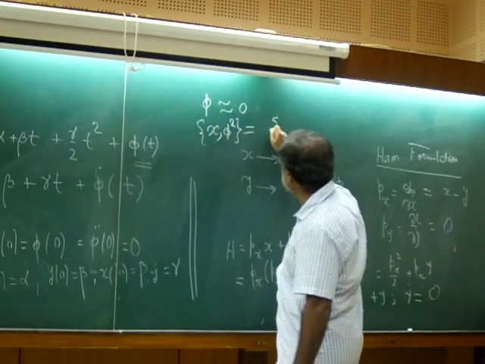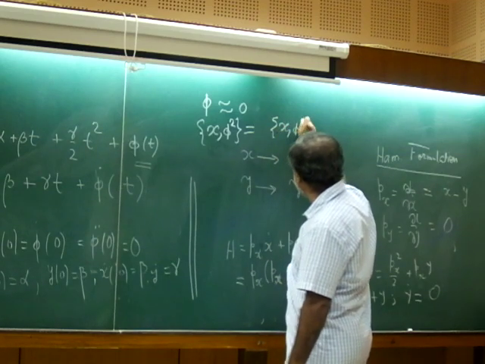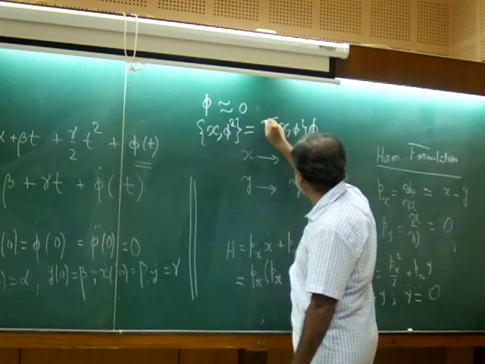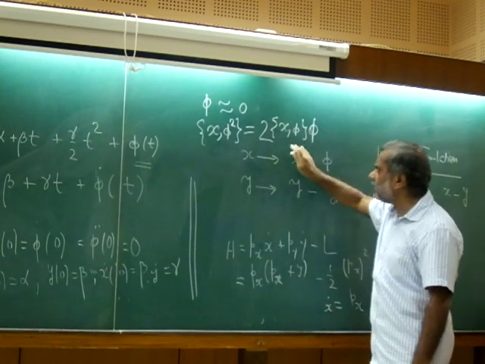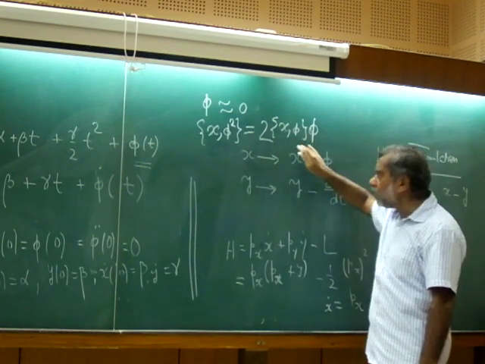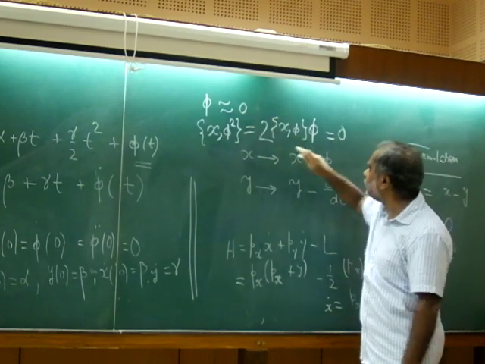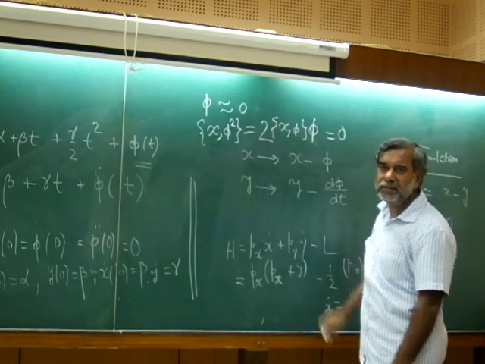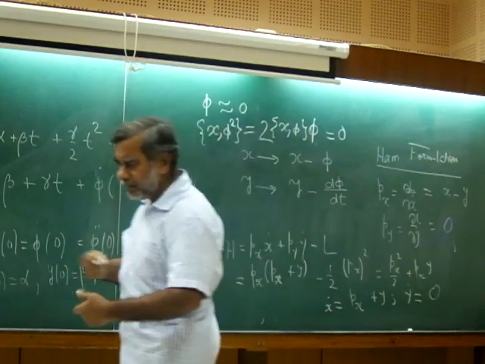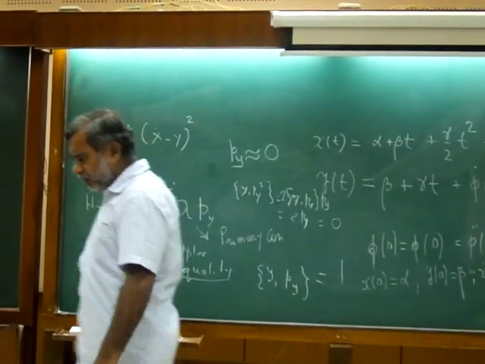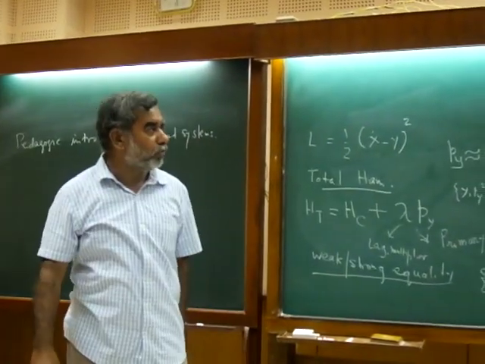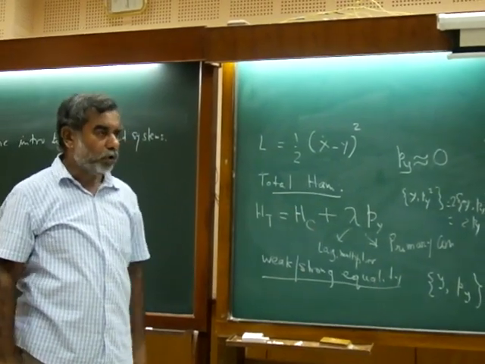There is nothing to prove, because this is x of phi with phi, with a 2, and whatever be the value of this, because this is sitting outside, you can put now phi equal to 0 strongly on this here. Okay? So this is a calculational technique or an improvisation which was introduced by Dirac in order to solve this.